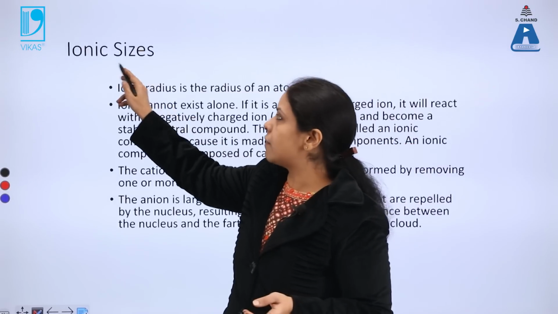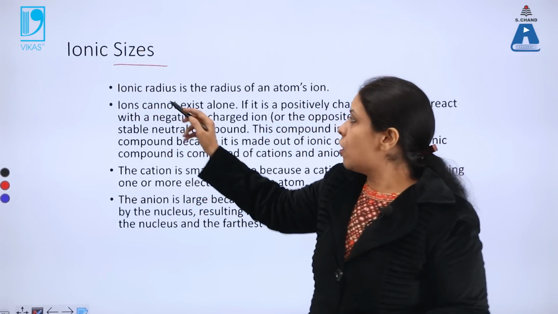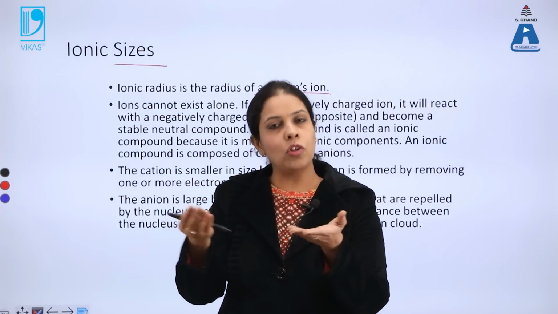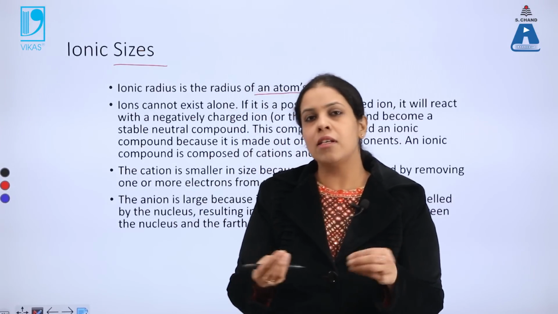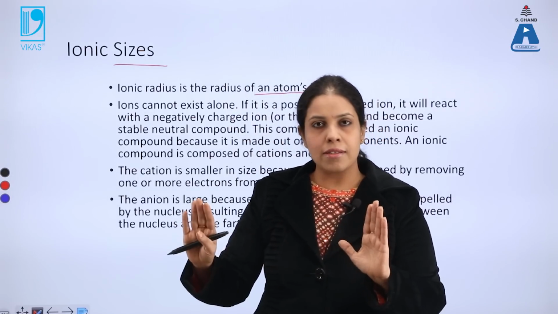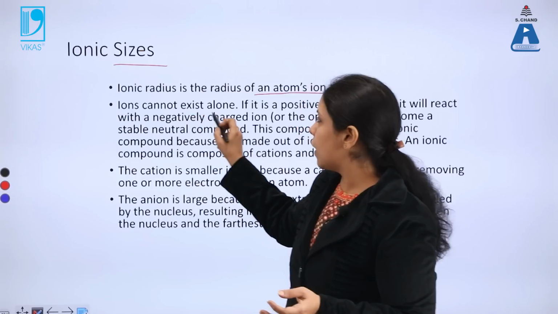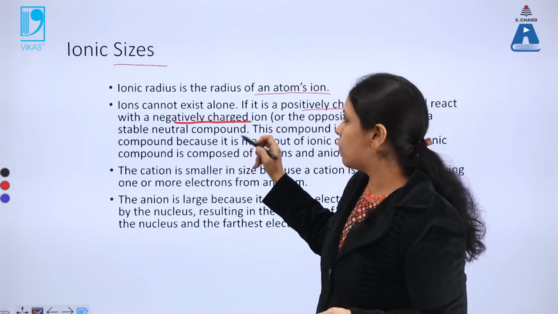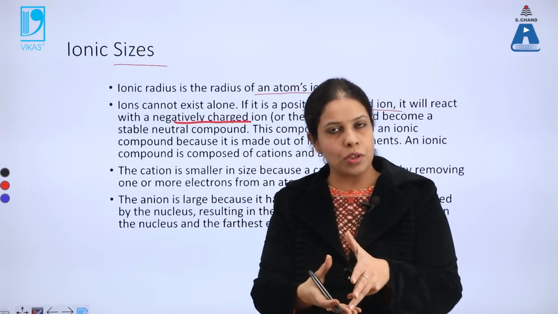Next thing is ionic size. Similar to atomic size, ionic radius is the radius of an atom's ions. Now you know that the whole species has to be neutral. Ions do not exist as a single moiety, so ions cannot exist alone. If it is a positively charged ion, it will react with a negatively charged ion to form a stable neutral complex.